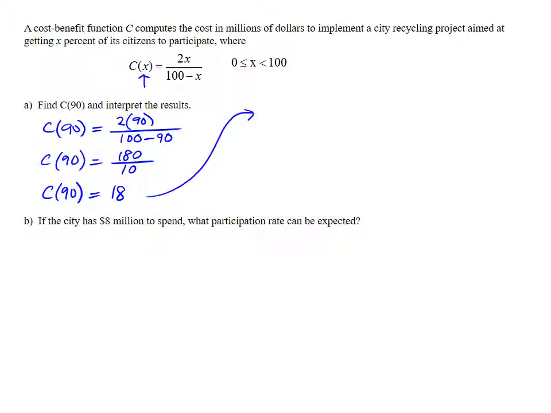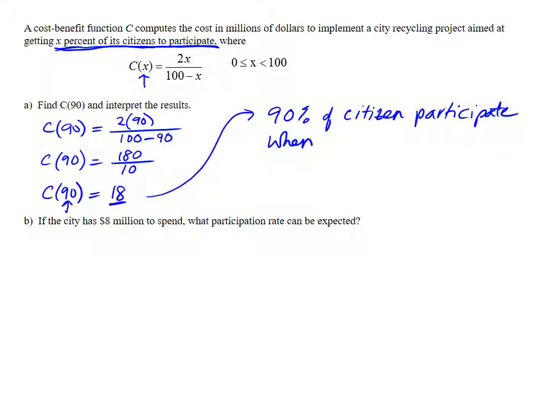Interpreting that means writing it out in words. Think about what the first value, the 90, represents. X is the participation in terms of the percentage of citizens that participate, X% of its citizens. So 90% of citizens participate. What's the output?